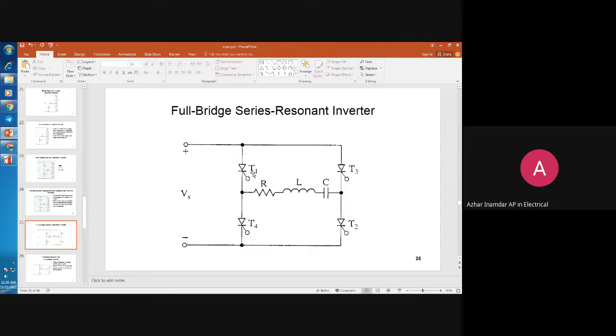In the first half cycle, T1 and T2 will turn on, and after they turn on, a positive resonant current will flow through the load. In the second cycle, when T3 and T4 turn on, a negative load current flows.